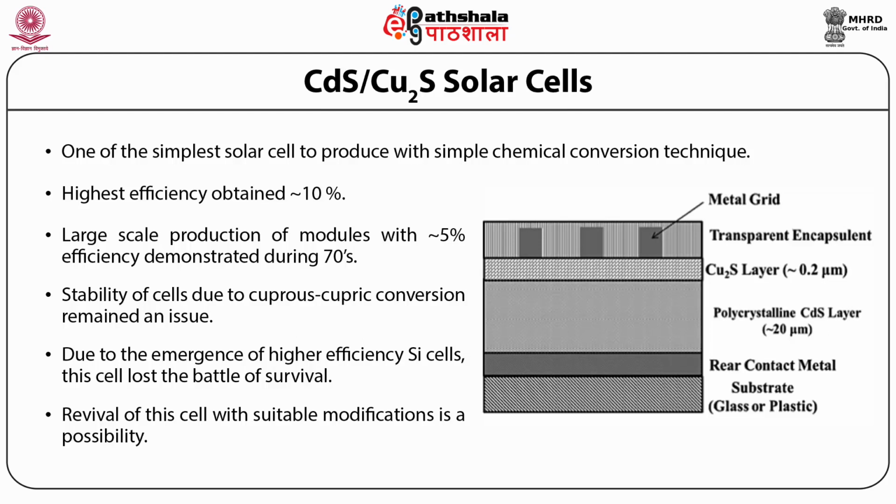The copper sulphide is a p-type material with a band gap of 1.2 electron volts, whereas cadmium sulphide is an n-type material with a band gap of 2.3 electron volts. The cells produced in this way give an efficiency of about 5 to 9%.